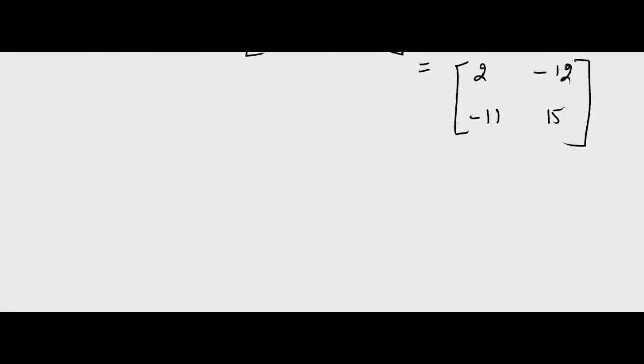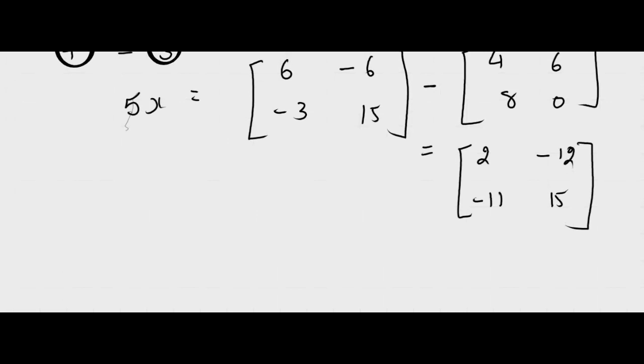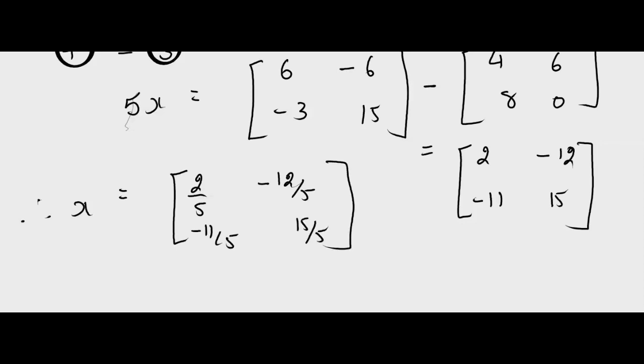So we've got 5x is equal to [2 -12; -11 15]. Therefore, x is equal to [2/5 -12/5; -11/5 15/5]. Now, this can be written as [2/5 -12/5; -11/5 3].